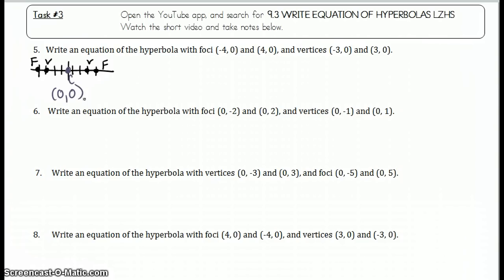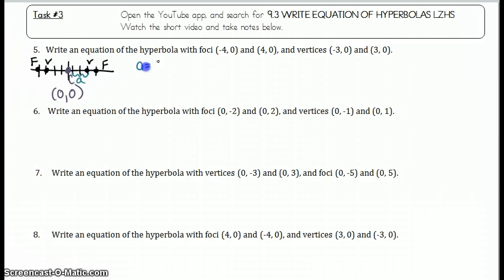Now, you can also visually look at it, count in one vertex, 1, 2, 3, go to the other vertex, count in 1, 2, 3. The place where they match up will also be your center. Once you know your center, the vertices tell you how far away from the center you get, which gives you the value of a.